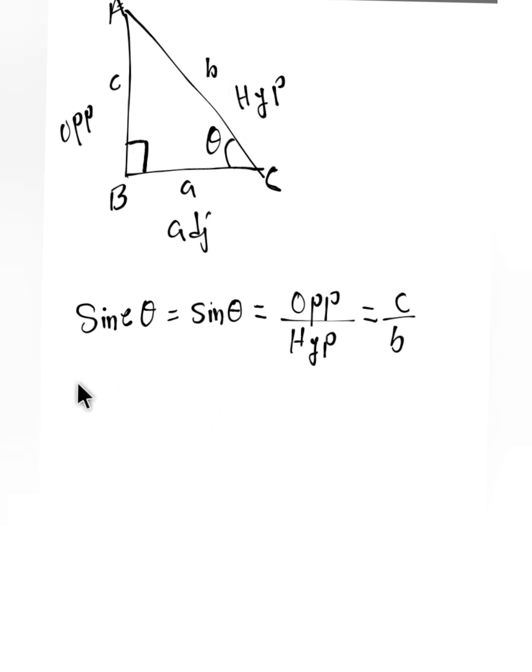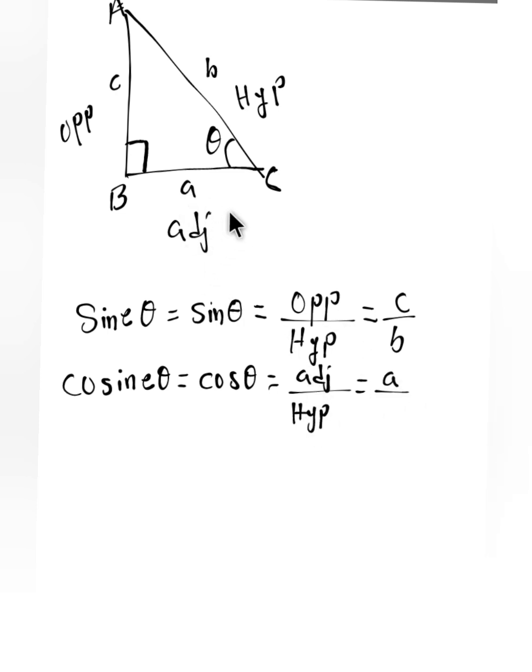Then we have cosine theta, which is abbreviated as cos theta, and it is equal to adjacent over hypotenuse, and this is equal to adjacent a over hypotenuse b. So cosine of theta is a over b.